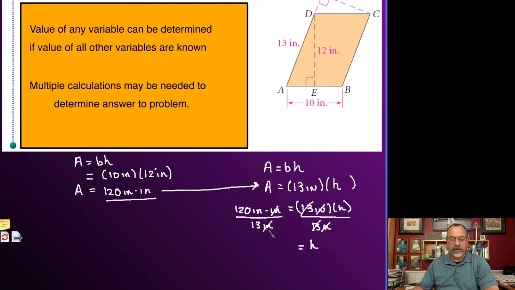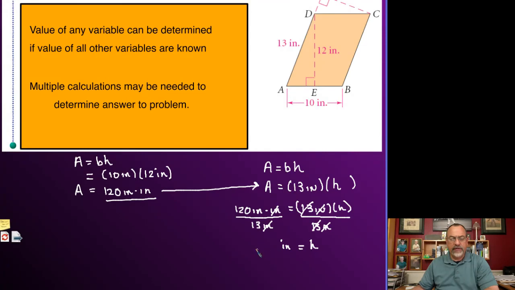I think I said numerator here. These inches in the denominator reduce with this one inches in the numerator, leaving me 1 unit of inches, so I have the correct unit of measure for my length, and then I simply have to divide 120 by 13.